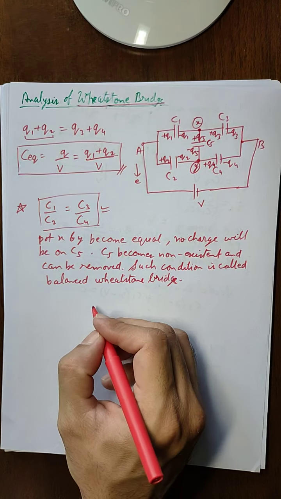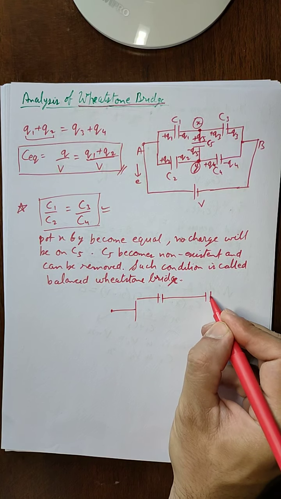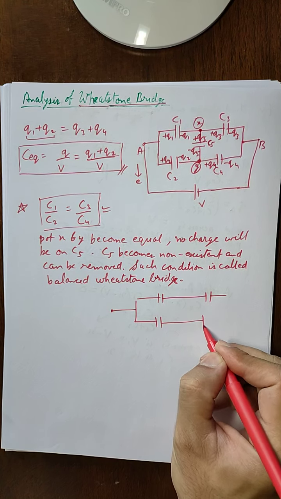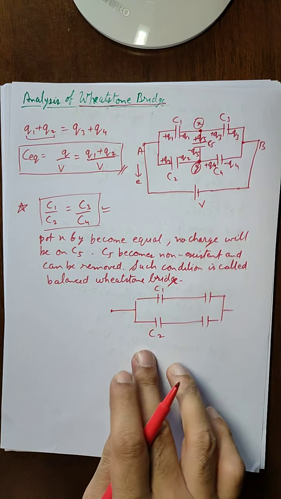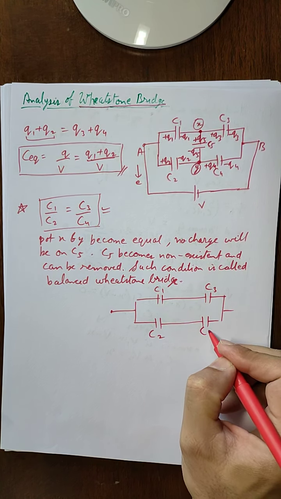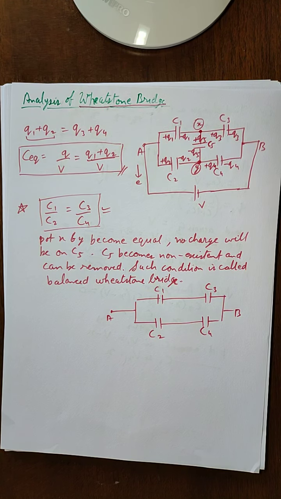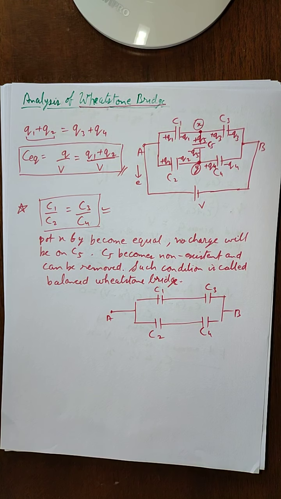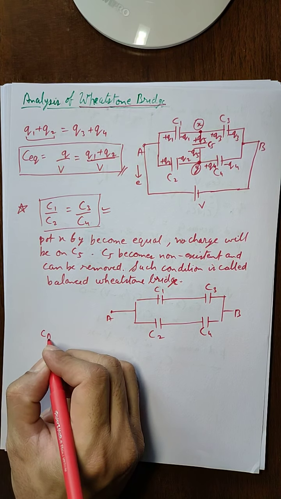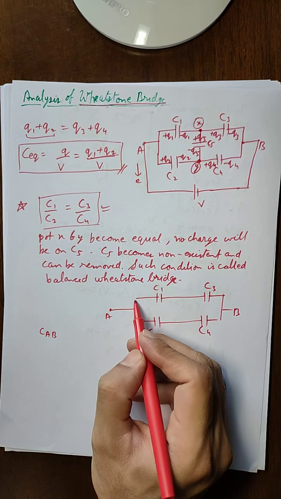Now when we remove C5 from the circuit, then this circuit will look like this. There will be C1, C2, C3 and C4 between the terminals A and B. Now C5 is being removed because it had no contribution. Now in this case, the equivalent capacitance can be found out between A and B. I am writing CAB because it is a special case.